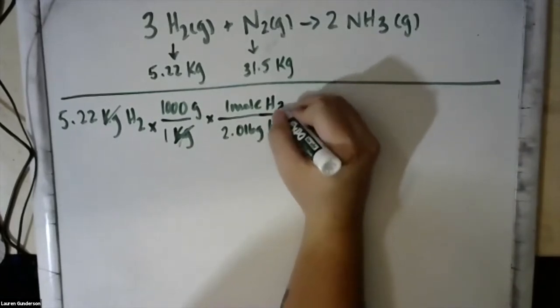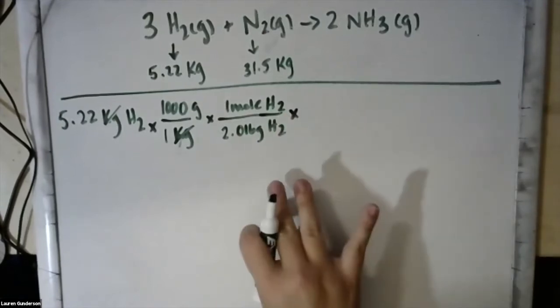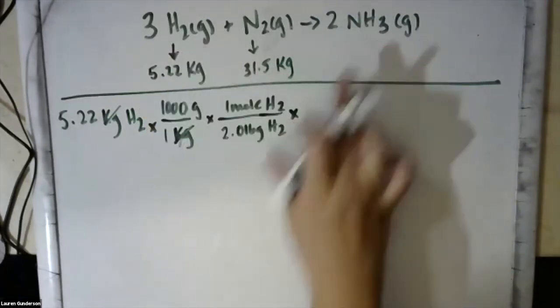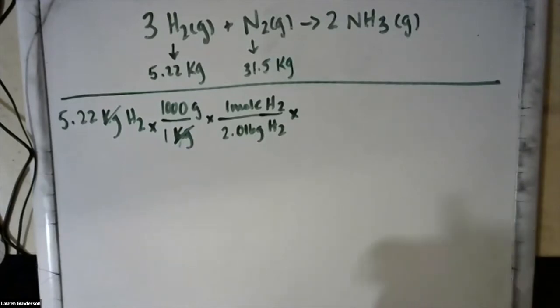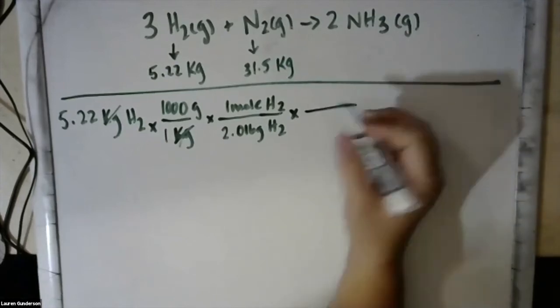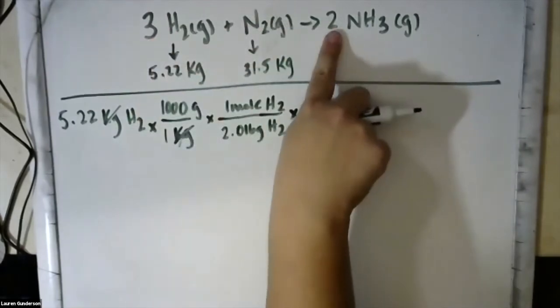Once we've converted this into moles of hydrogen gas, in the next step we need to move from hydrogen into ammonia. So we're switching substances. Whenever we switch substances, we use the balanced equation coefficients to make that switch. We look at our coefficients and see that 3 moles of hydrogen gas produce 2 moles of ammonia.